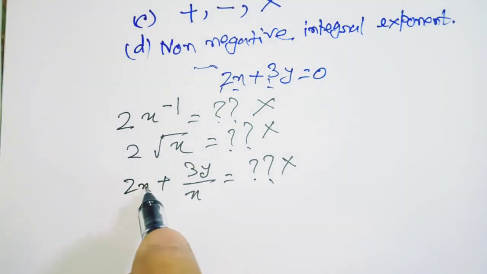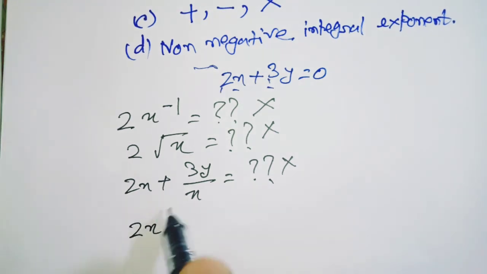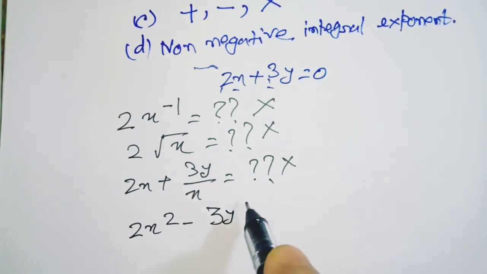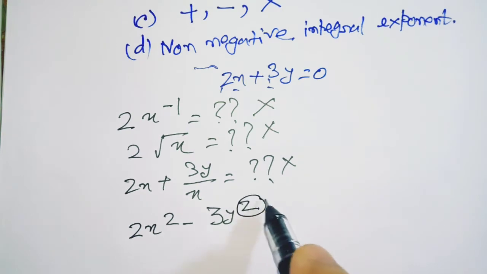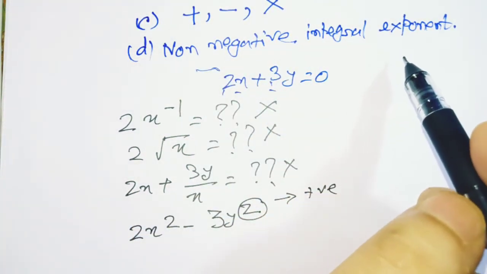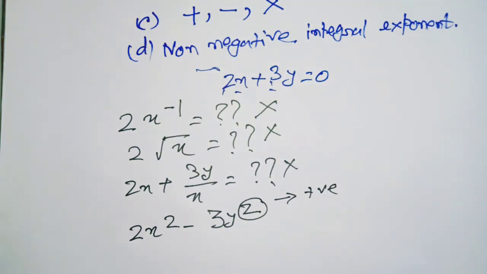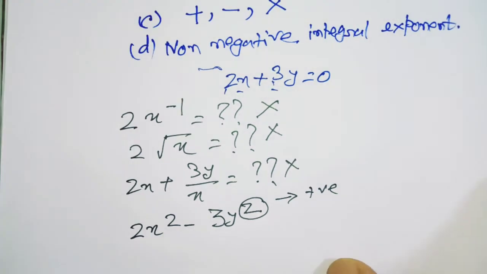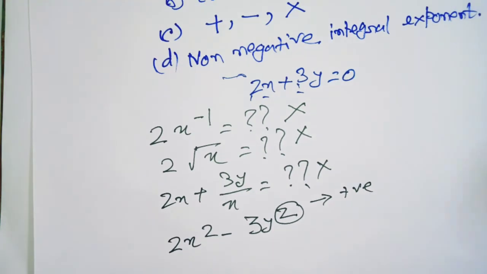Now, what I can do is put 2x to the power 2 minus 3y to the power 3, or I put 3 to the power 2. If the exponent is a positive one, which is called a non-negative integral exponent, then it is called a polynomial. So in order to understand what a degree is, which I told you about, let us now look quickly into the definition of what is called a degree.